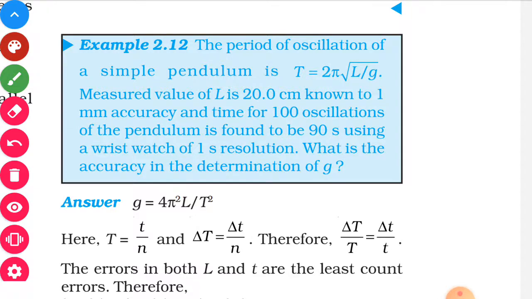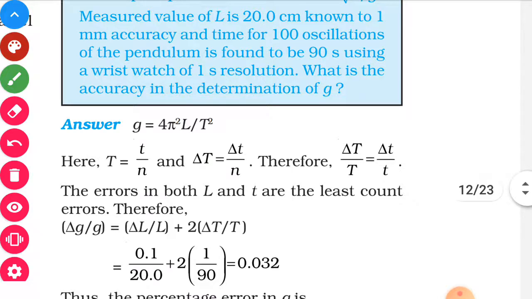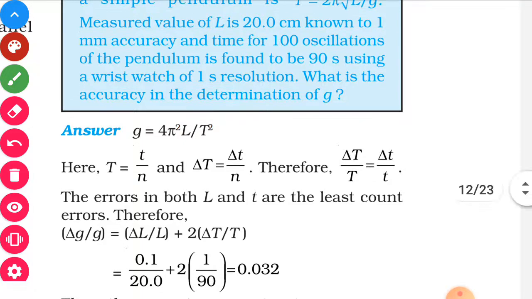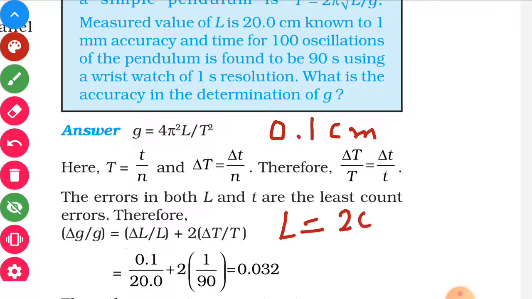So the accuracy is up to 1 millimeter, and if you convert that millimeter into centimeter, the accuracy is of the order of 0.1 centimeter. So the measured length is 20 plus or minus 0.1 centimeter.